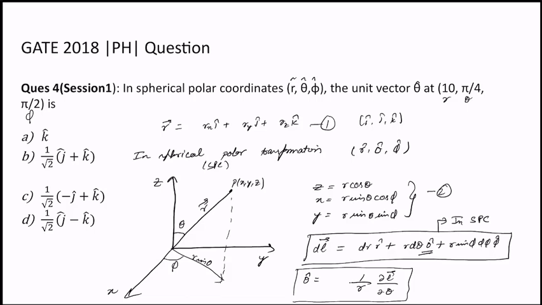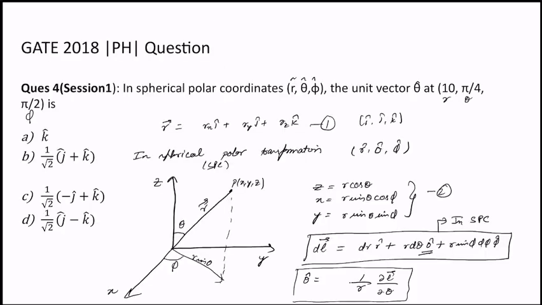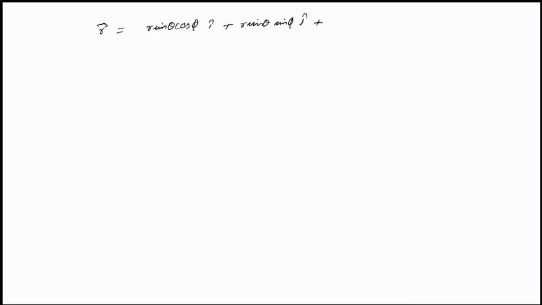Therefore, when you substitute the value of these two back into 1, what you will get is r cap is equal to, in place of rx we'll put r sin theta cos phi i cap, plus in place of y you will put r sin theta sin phi j cap, plus in place of z you will write rz, which is r cos theta k cap.